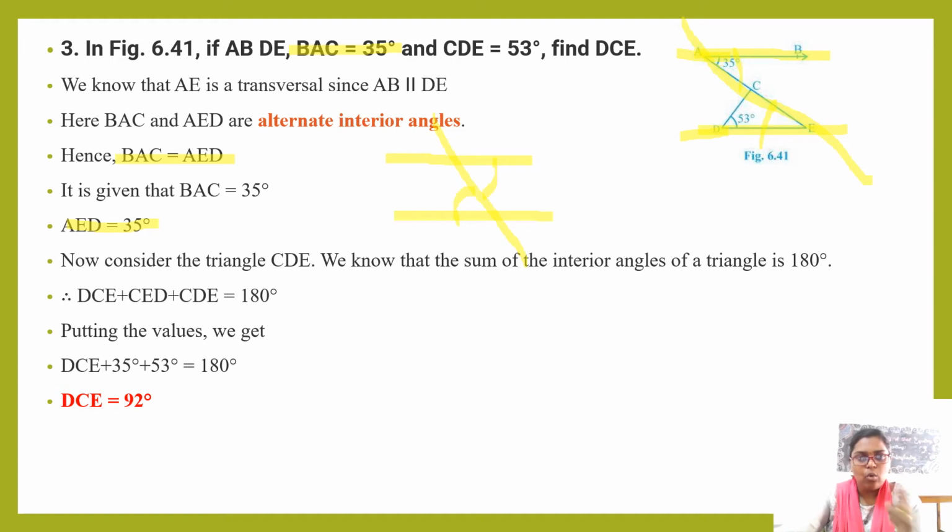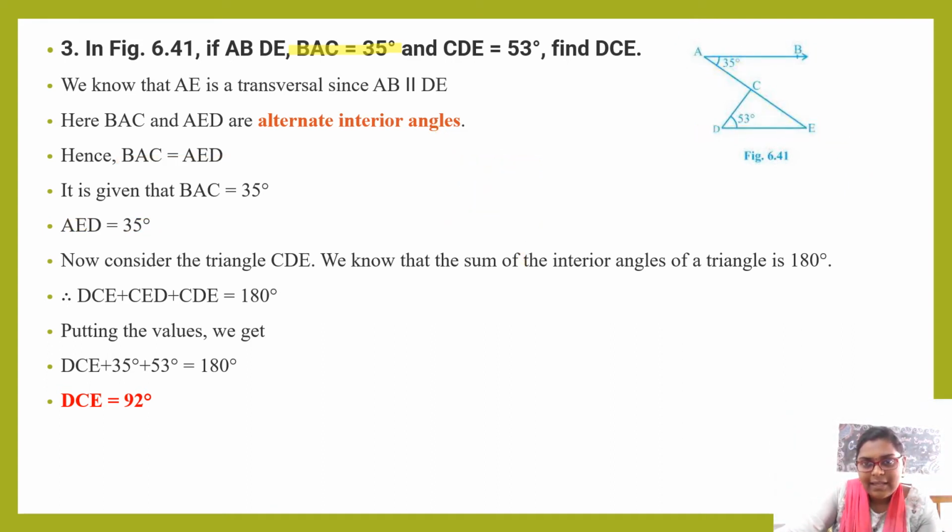Now one part is over. Next, we are going to consider this triangle CDE, that small triangle. So C, D and E. By the angle sum property of the triangle, if you add angle C, angle D and angle E, you will get 180 degrees.